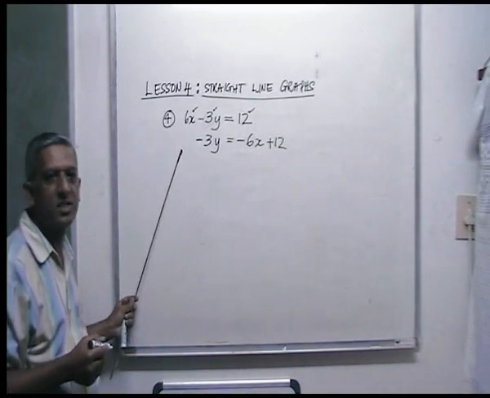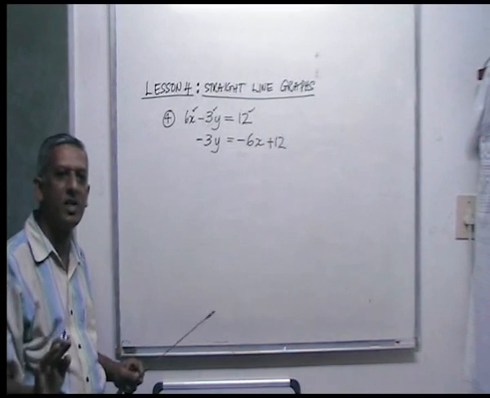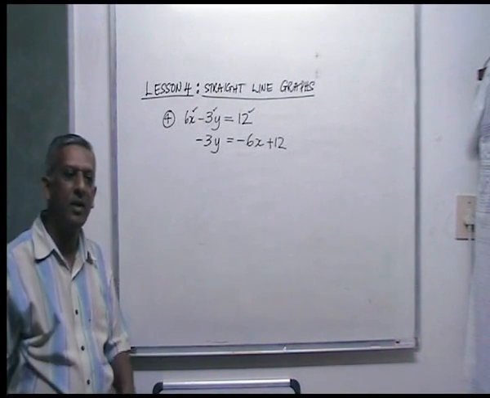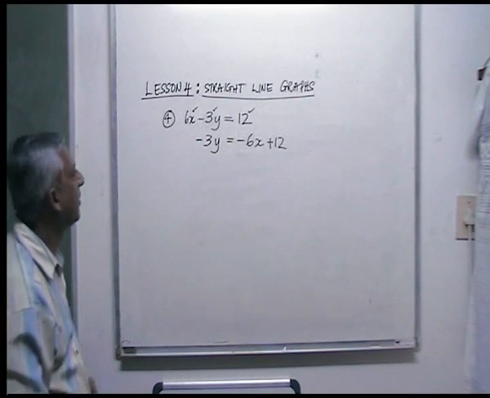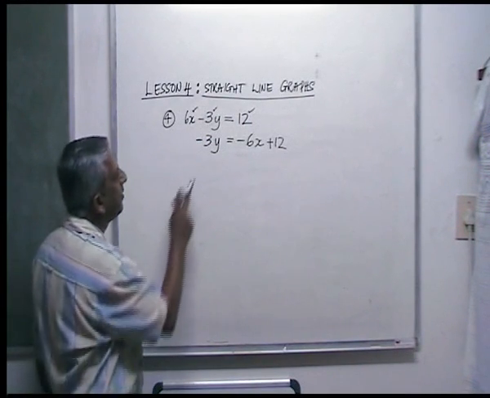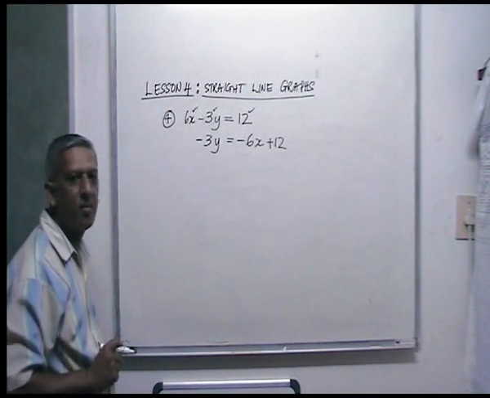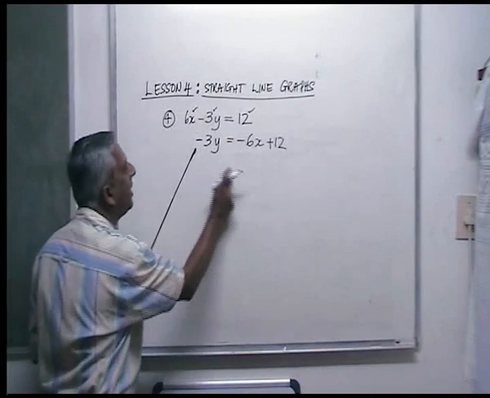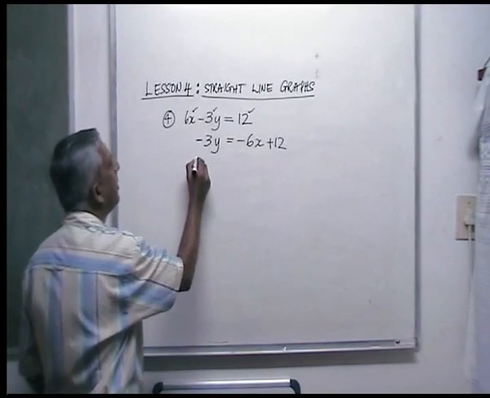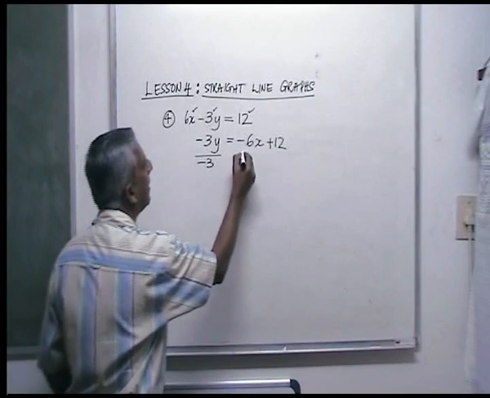Remember, we're using the rules of equations here, and if you don't know the rules of equations, go back and look at the DVD on equations and revise them. Right, but now this is not yet in standard form, because you got minus 3y. We're looking for y is equal to. So you're going to divide by minus 3.